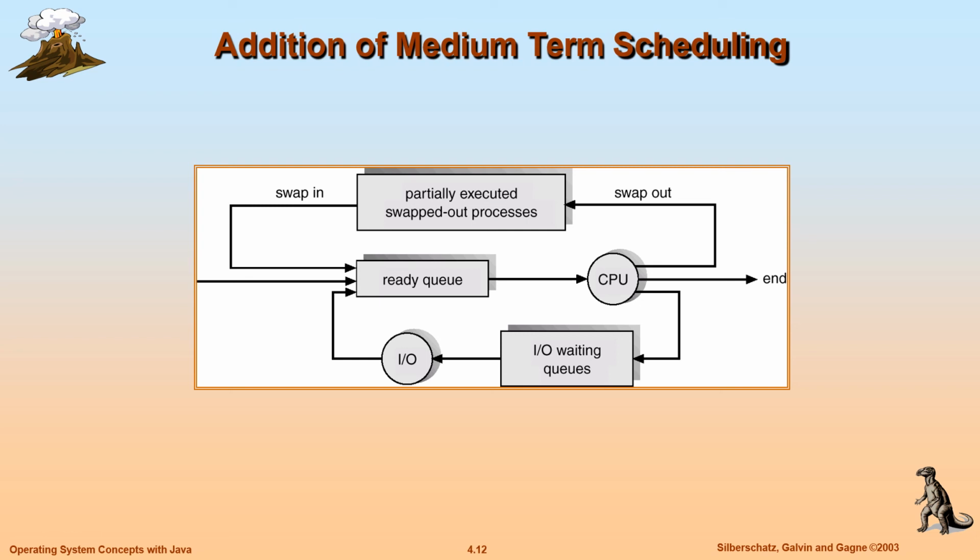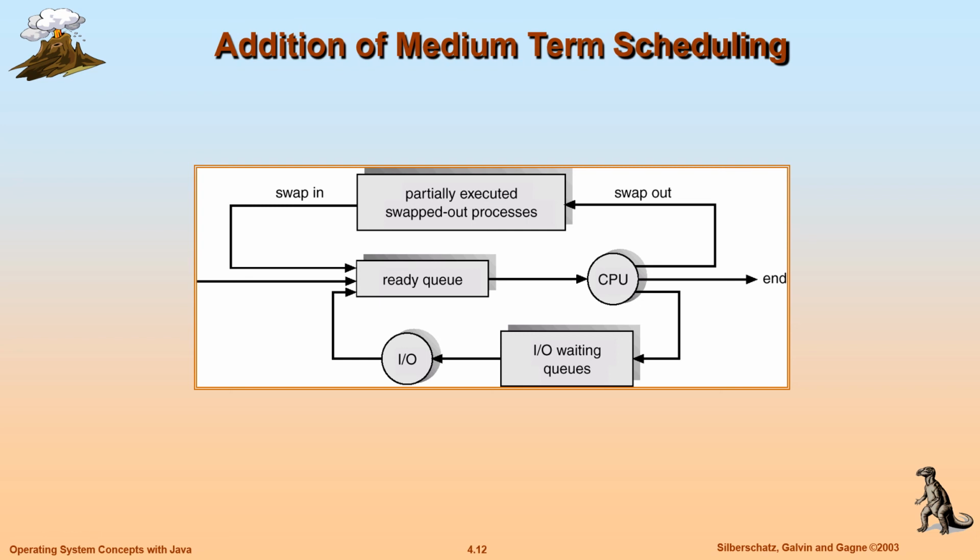For example, if the long-term scheduler loads all CPU bound processes, then all the IO devices and IO queues are empty. This will make the system imbalanced. So a system with the best performance should have a combination of CPU bound and IO bound processes.